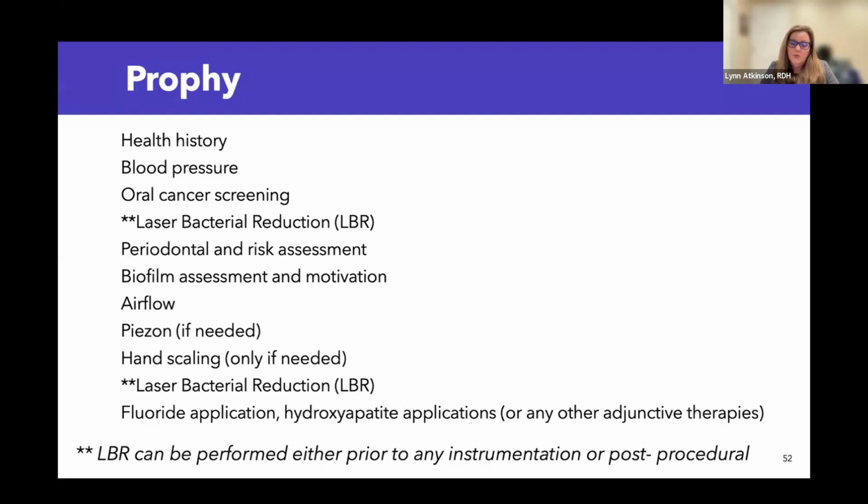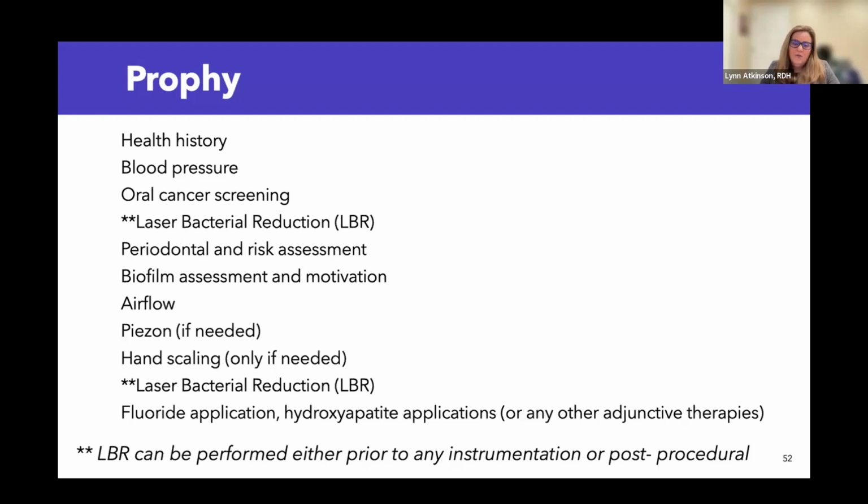You're going to go through and do your periodontal and risk assessment, your biofilm assessment and motivation, go through with your airflow. The biofilm assessment and motivation is when we disclose. So I'm disclosing every single patient now. And I love it. It helps guide me. That's the only thing that guides me to be able to remove all of the biofilm.